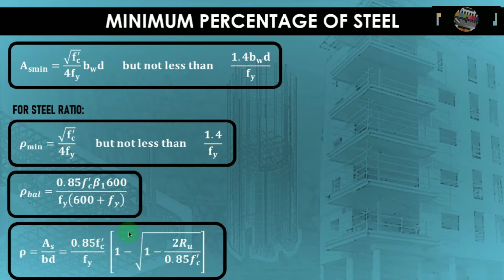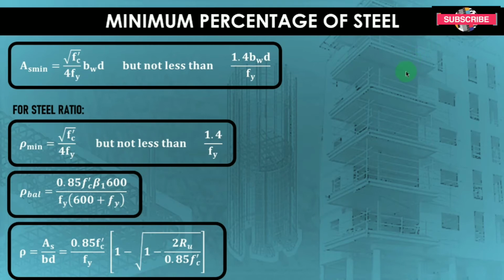Okay? So, take note class na dito sa new code natin, sa NSCP 2015, hindi siya tulad sa NSCP 2001 na meron tayong rho max, no? In which ang ating rho max doon sa NSCP 2001 is 0.75 of rho balance. But dito sa code natin ngayon, 2015, walang ini-indicate, no, yung rho max natin.